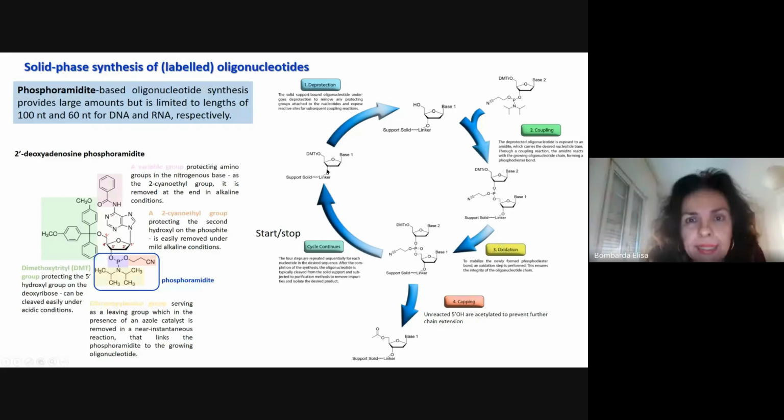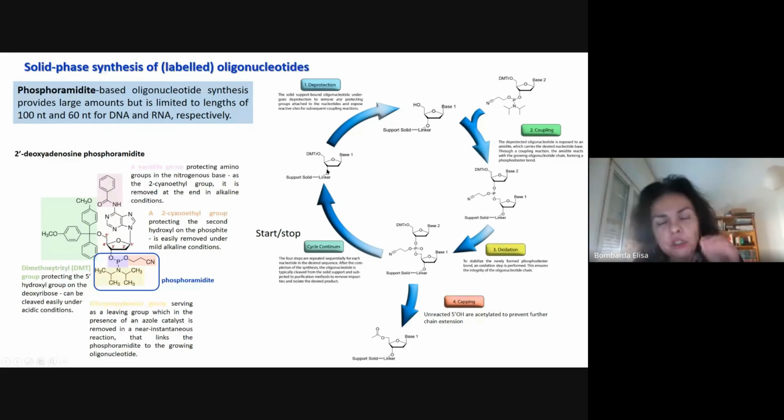So let's say the start is practically here, and we add a nucleobase one by one. So the first step is you have the first nucleotide that is linked to a support, and then there will be the deprotection to reveal the reacting group that is required for continuing the reaction.